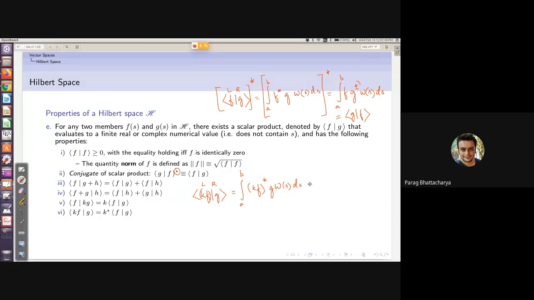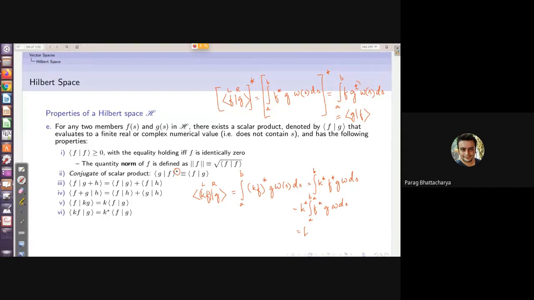So this is nothing but the integral from a to b of k conjugate f conjugate g w ds. Now this k conjugate is going to come out, with the integration from a to b of f conjugate g w ds. So we have k conjugate, and this is nothing but your scalar product (f, g), and that's how you get this result. Okay.